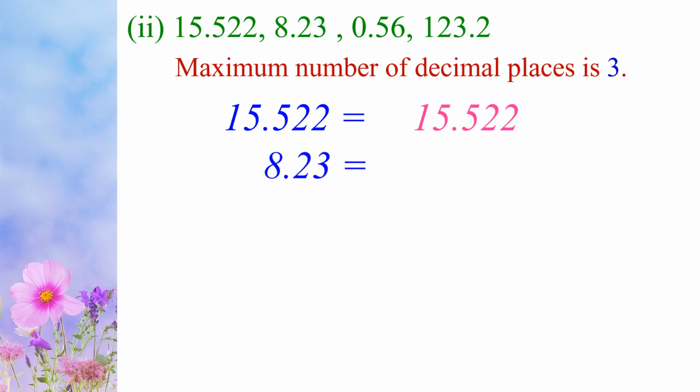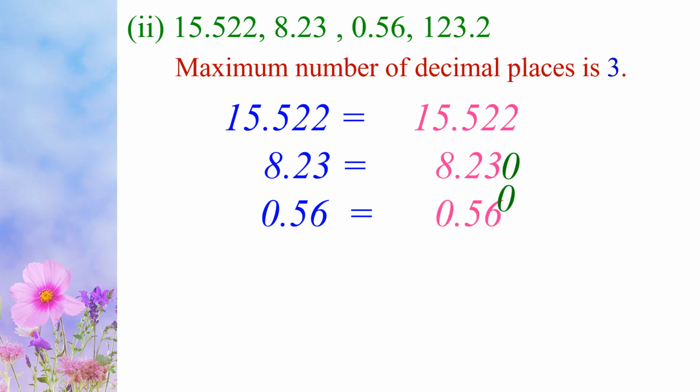Next one, 8.23. Here the decimal part has 2 digits. Now we want 3 decimal places, so we have to add one 0. That is 8.230. Next one, 0.56. Here also we have 2 digits, so let's add one 0.